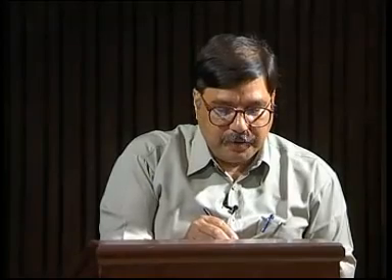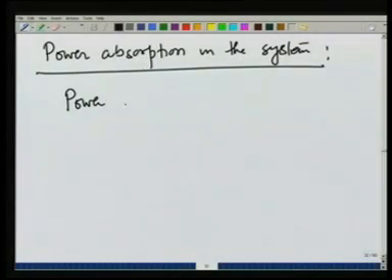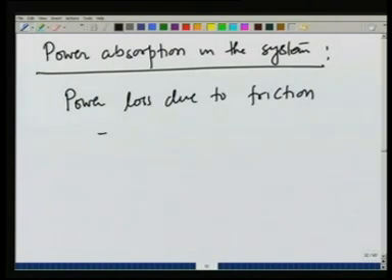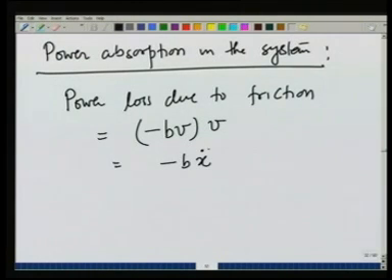Now, power loss due to friction is going to be the force, minus B v, times v, which is equal to minus B x dot square. Let us put that in. So, power loss as a function of time is going to be minus B, which is nothing but m gamma.